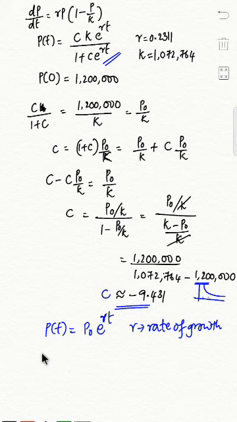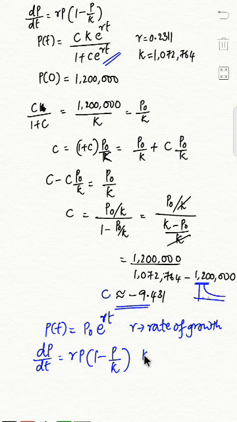If we solve dP/dt equals rP times (1 minus P/K), this K is the carrying capacity.